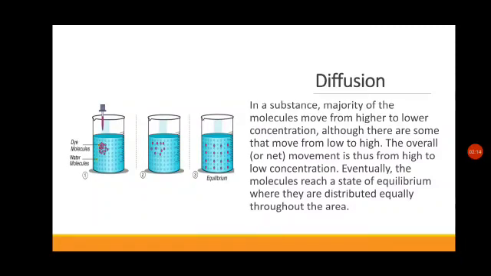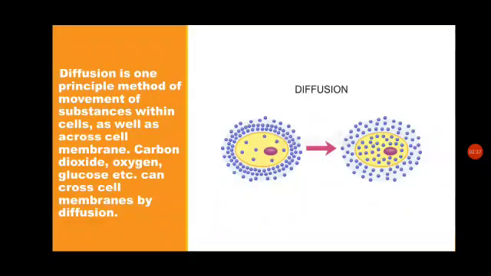But in the end, the solution or the area reaches the equilibrium position, so all the molecules are distributed equally throughout the area. So we can say when the state of equilibrium is reached, the process of diffusion stops.